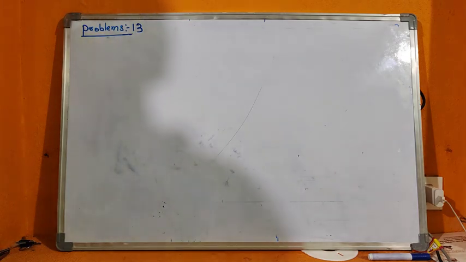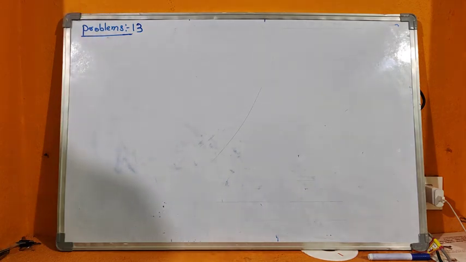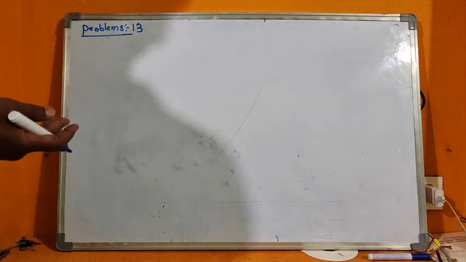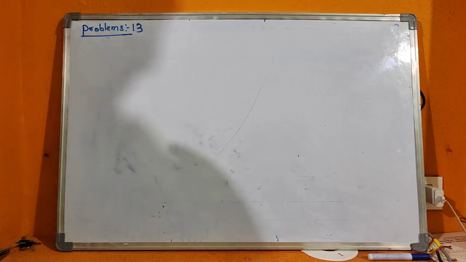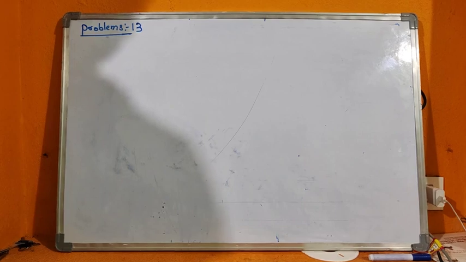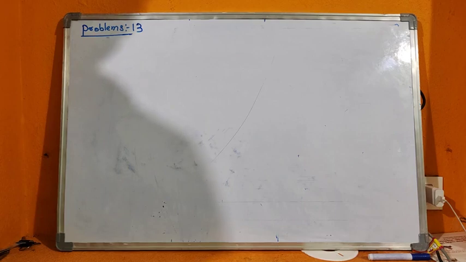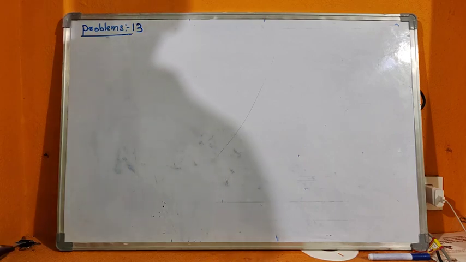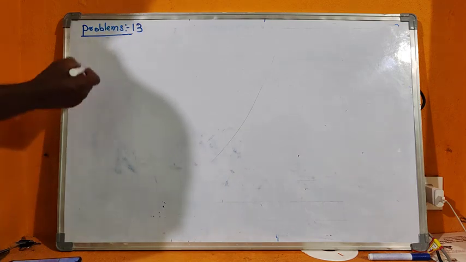According to the question, the time period of a simple pendulum is found to be increased by 50% when the length is increased by 0.6 meters.